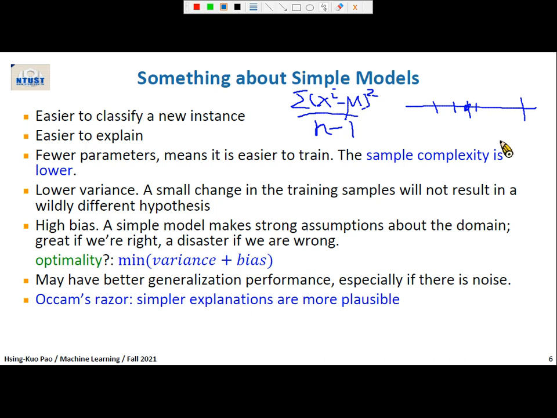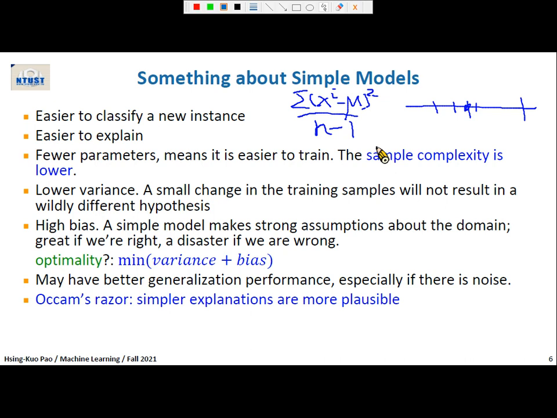When we compute the variance, it's the average distance to the mean. So how do we calculate this? If we divide by 5, here 1, 2, 3, 4, 5, we either divide by 4 or by 5.